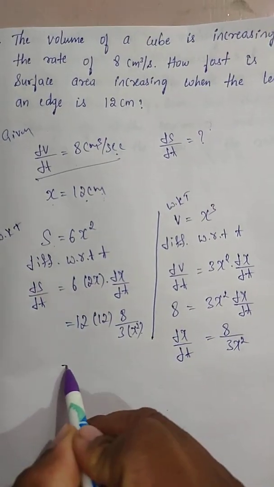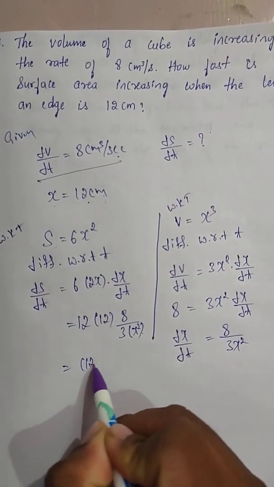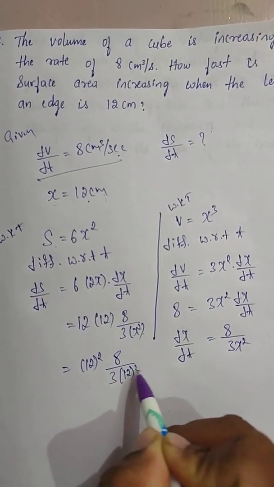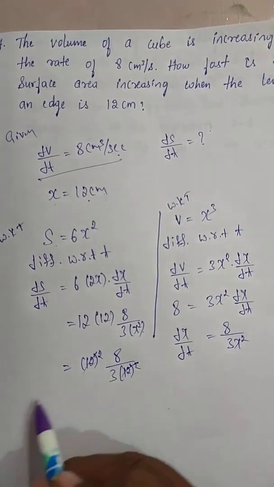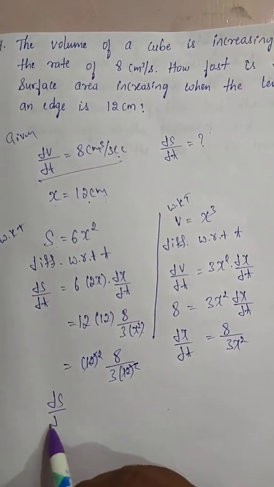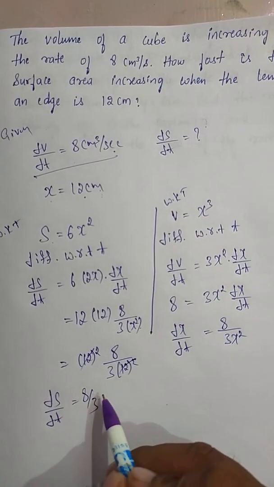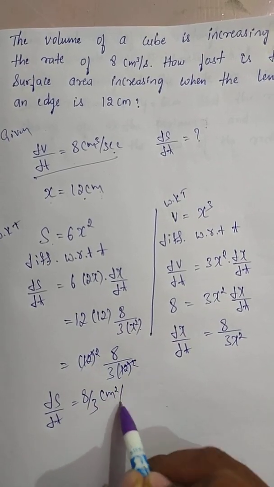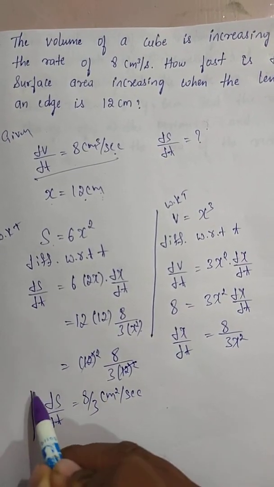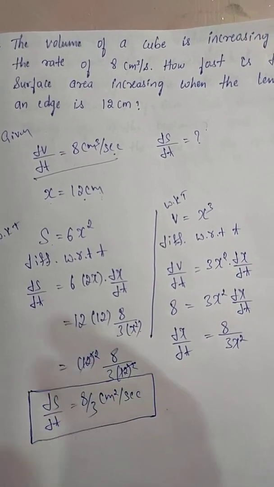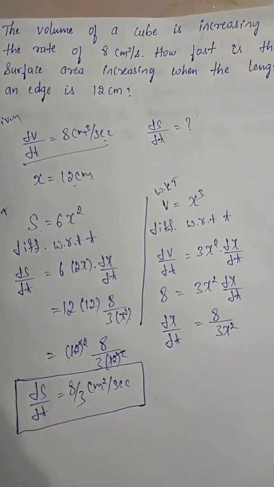So 12 into 12, 12 square. 8 by 3 into 12 square, the 12 squares cancel. So dS by dt is equal to 8 by 3 centimeter square per second. So this is the rate of change of surface area. Is it clear? So this is for 5 marks.